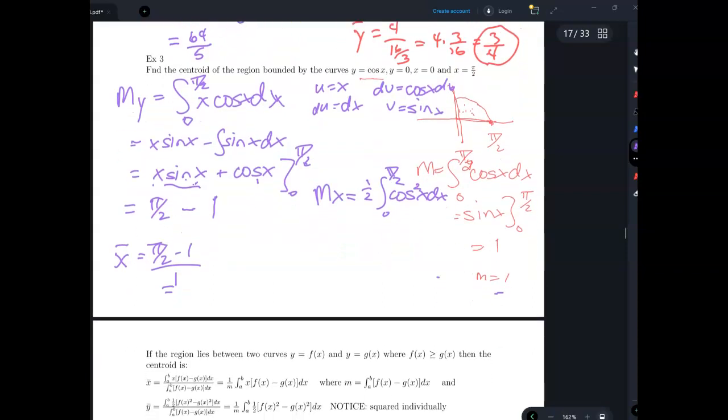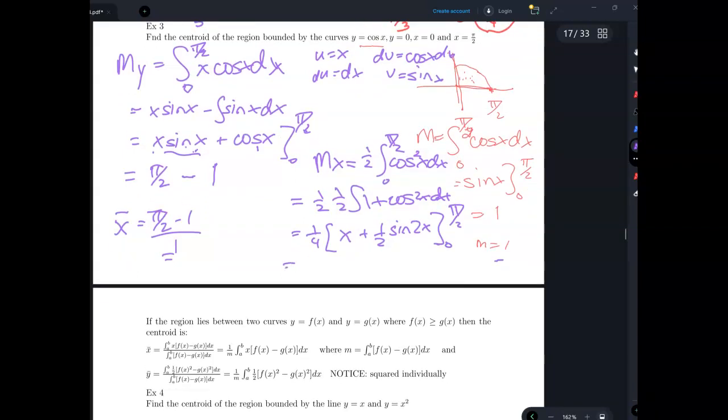Okay, so you know that you need the half angle formula, so that's 1 plus cosine of 2x. And so that's 1/4 and x, and then 1/2 sine of 2x between 0 and pi over 2. So I plug in the pi over 2, and I get pi over 2 here, and this would give me 0. And if I plug in 0, I get 0.